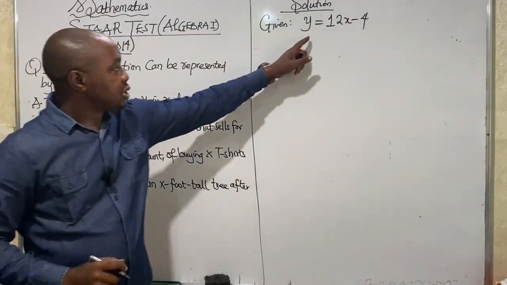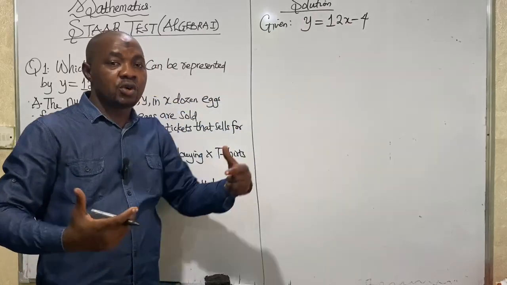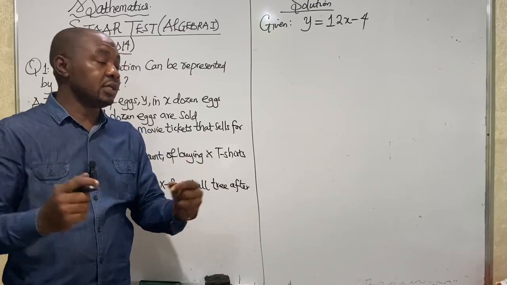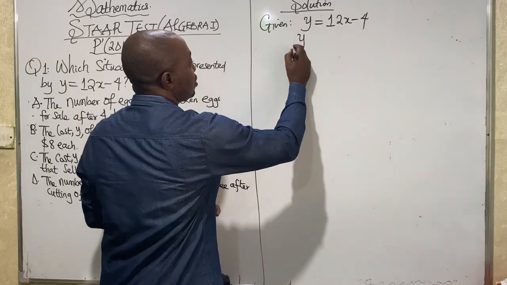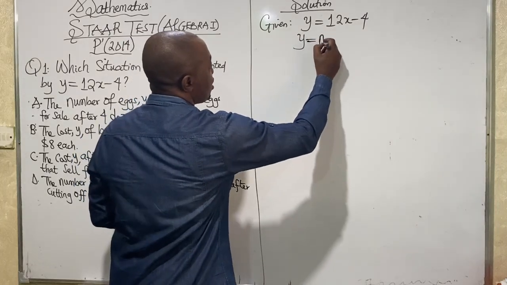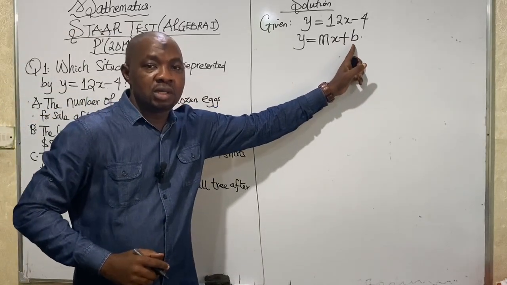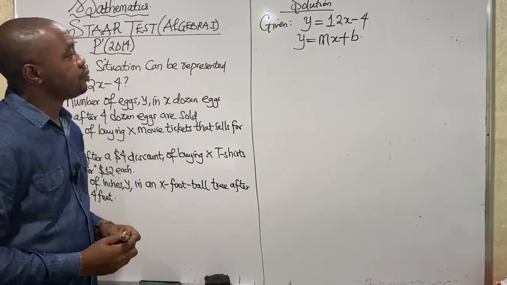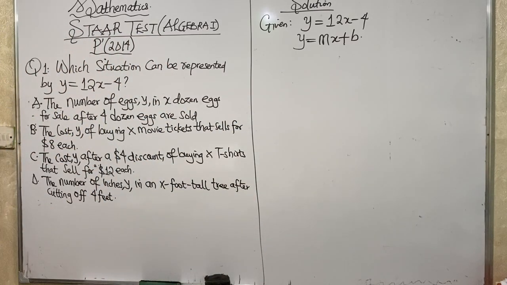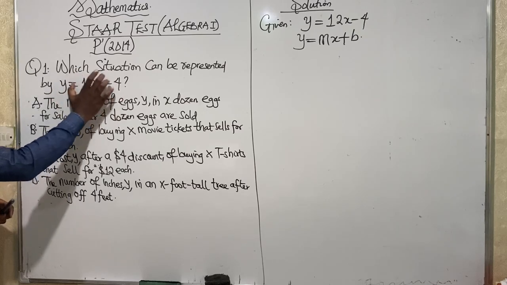This is the format for writing the equation of a line, which is the slope-intercept form of a line, and can be modeled as y equals mx plus b, where b is a constant term and m is the coefficient of x. Now we're going to pick one of these responses and see which one explains why we have this equation.